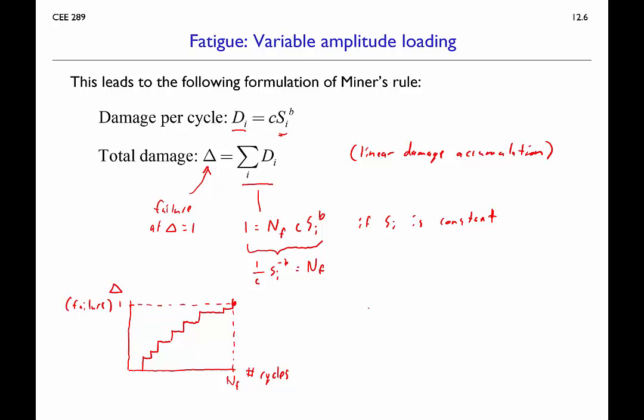If we've got this stair-steppy curve, we could think about replacing that stair-step with a straight line and thinking about, on average, how we're accumulating damage. So let's replace the stair steps with a straight line, just thinking about the expected values.